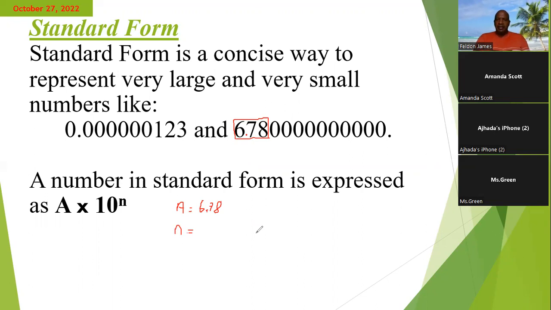All right. So now in order to find N, we need to consider where the point was before we placed it between 6 and 7.